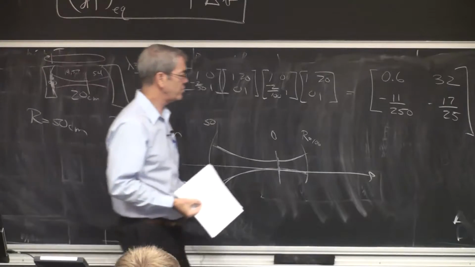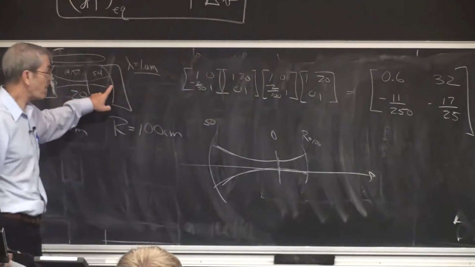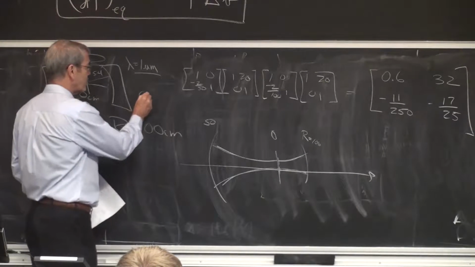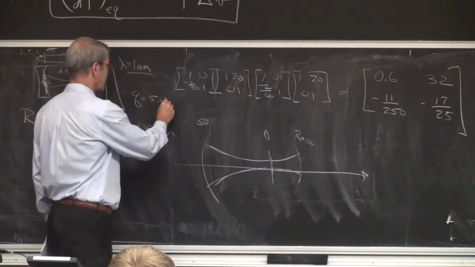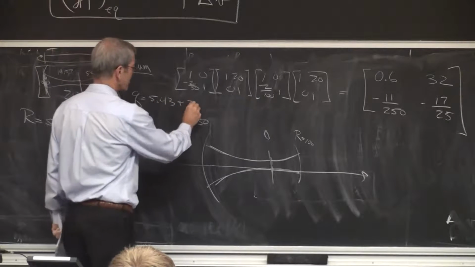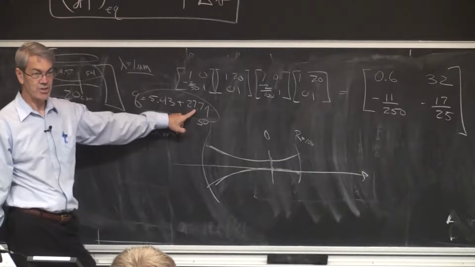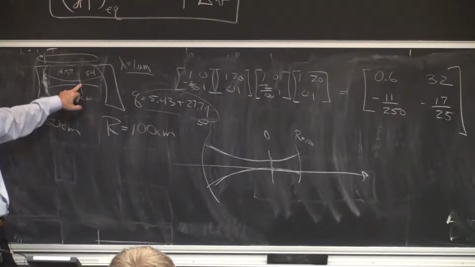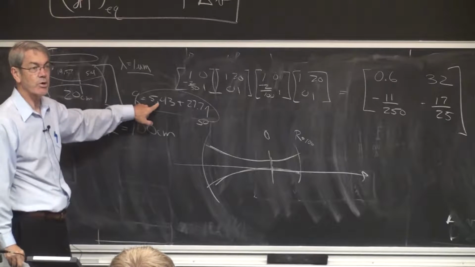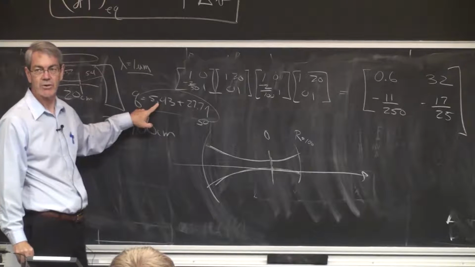I'd be willing to bet, you can try this, you're going to get Q equals 5.43 plus 27.7j. You're going to get the same Z naught. Z naught's determined by the cavity. The waist is the waist. And this is just going to tell you where you're at. I should have tried that, just to confirm it.